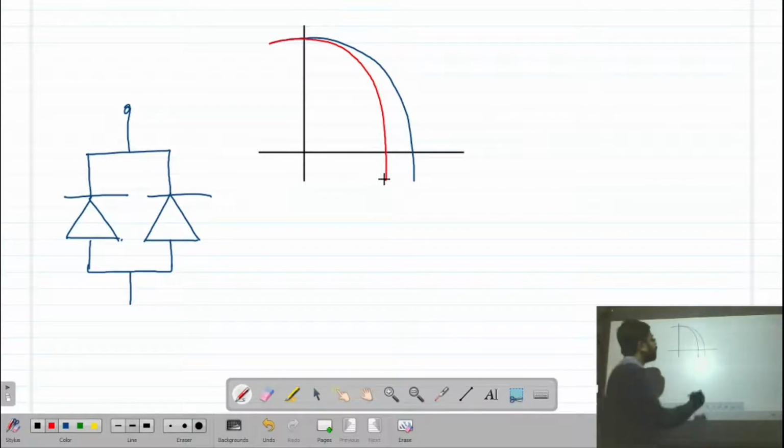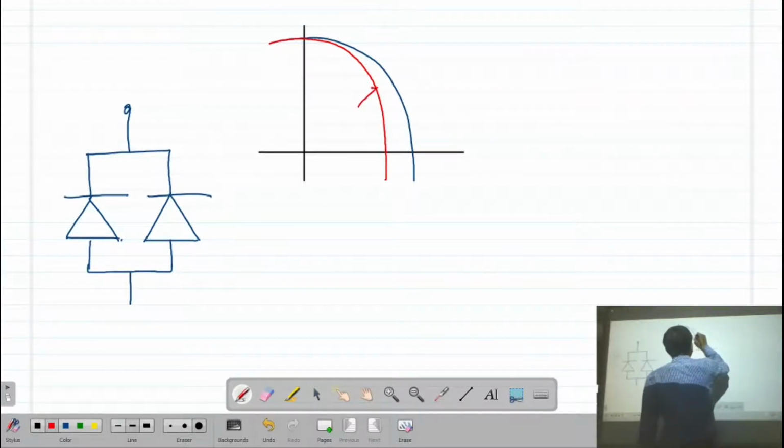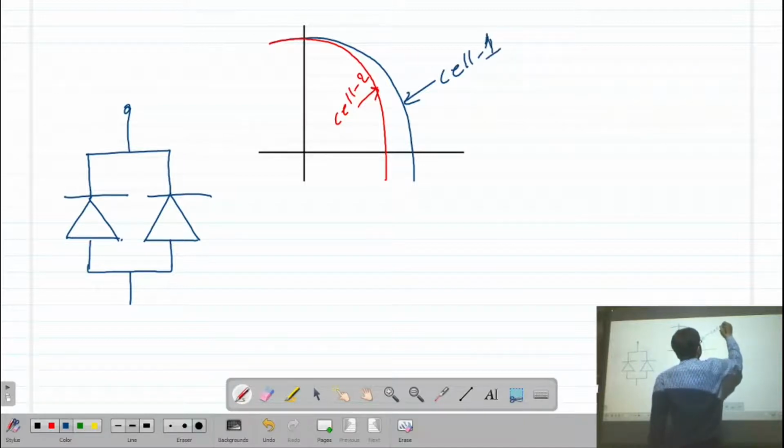This is for cell 2 and this one is for cell 1.